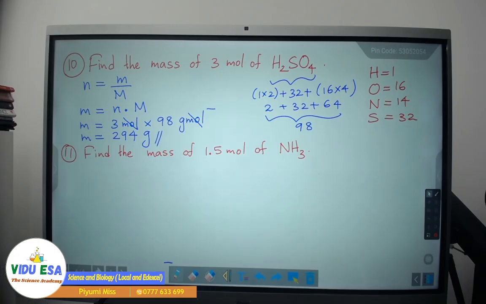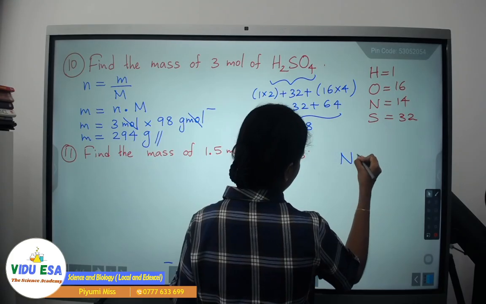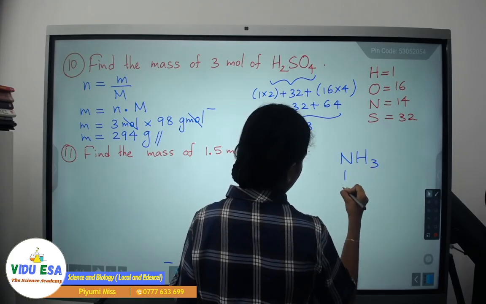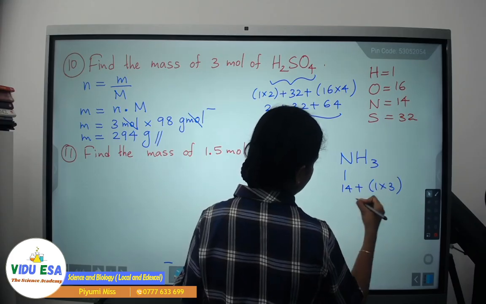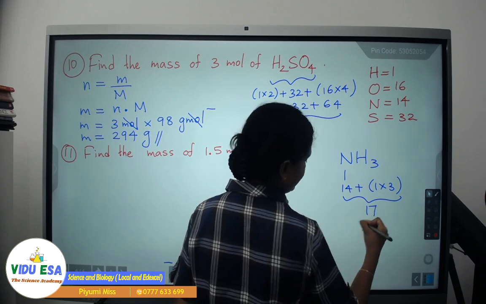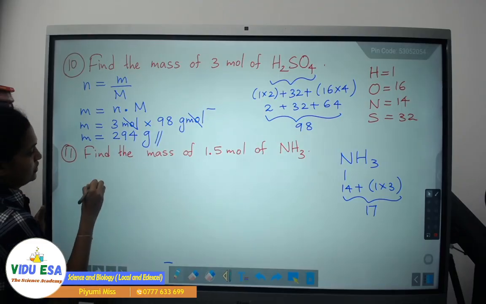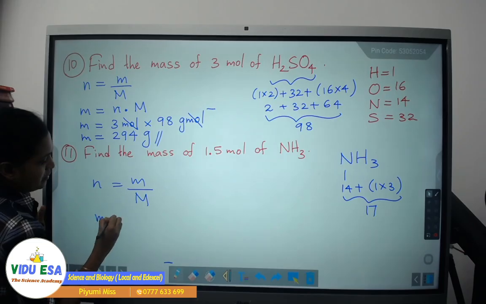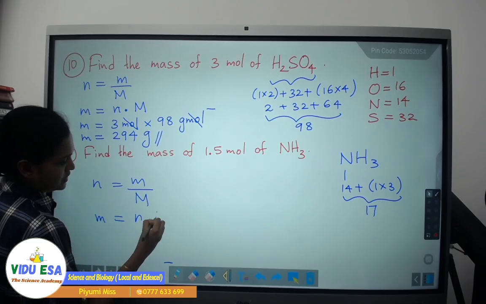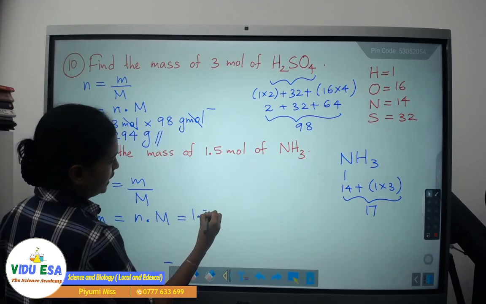Right. Then find the mass of 1.5 moles of ammonia, NH3. So nitrogen is 14 plus hydrogen is 1, 1 into 3. That is 17. Relative molecular mass of ammonia is 17. So you substitute in the equation: mass equals number of moles into molar mass. The number of moles is 1.5.